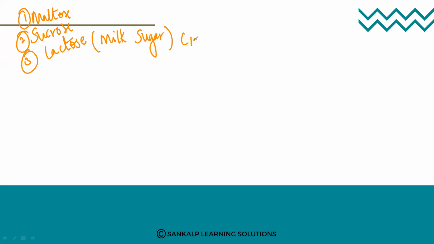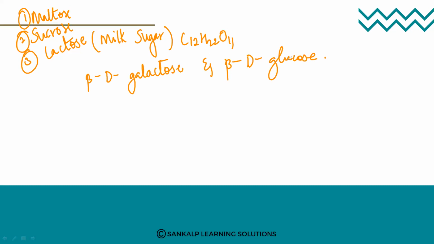What is the formula? C12H22O11. So what is it made up of? It is made up of beta D galactose and beta D glucose. So I'll write the structure.